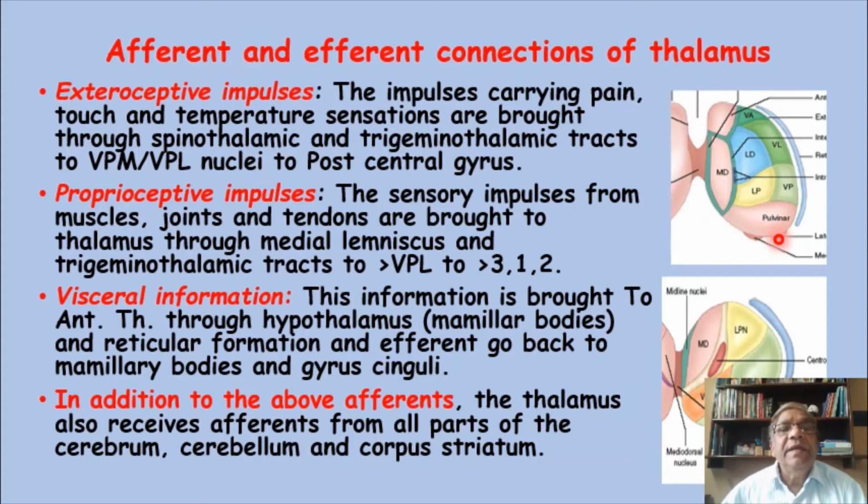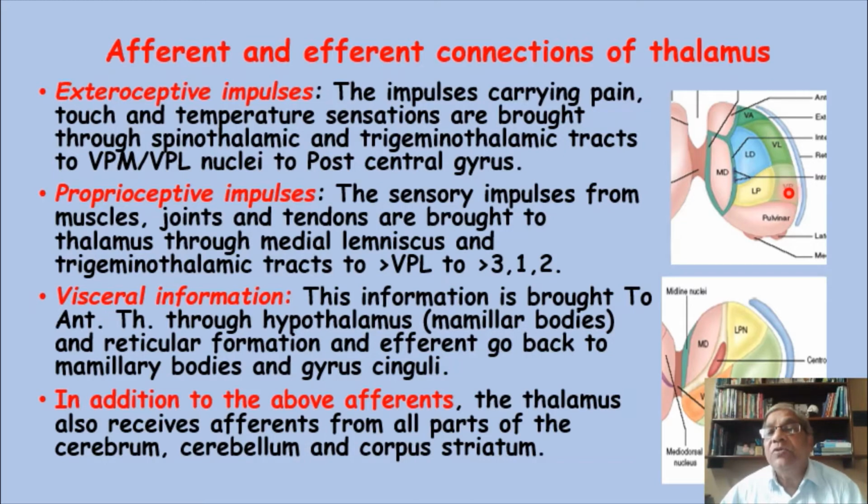Now, he is saying that the exteroceptive impulses brought through the spinothalamic and trigeminothalamic tracts ultimately relay in the ventroposterior nucleus, which is further subdivided into the ventroposteromedial and ventroposterolateral, which I will show you in this diagram, and I am just removing this. See this. This is the ventroposterolateral.